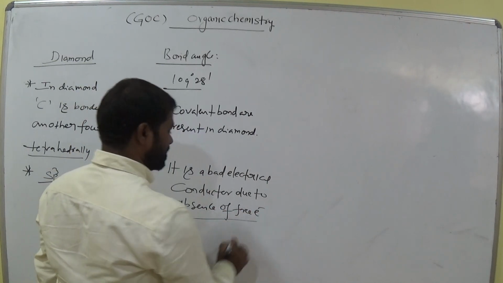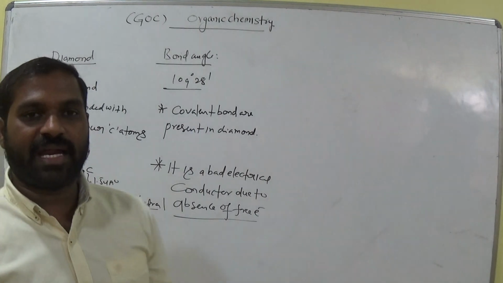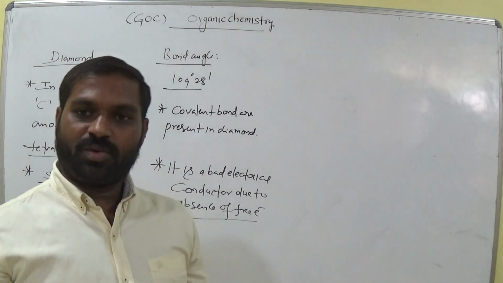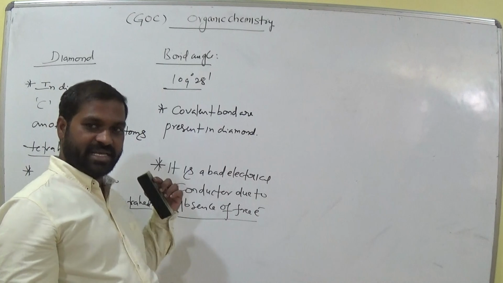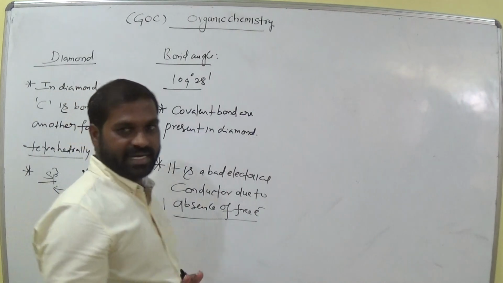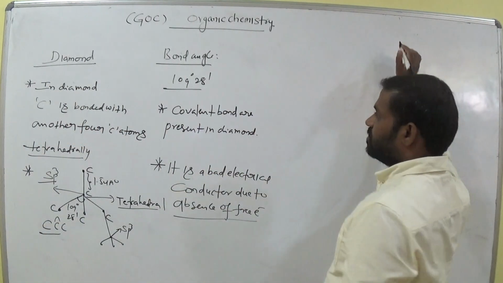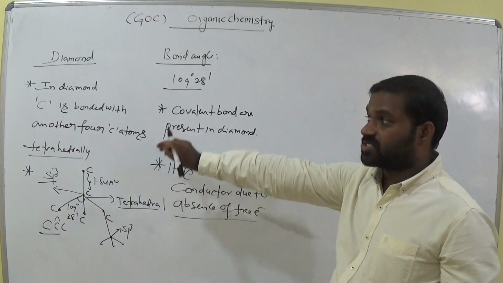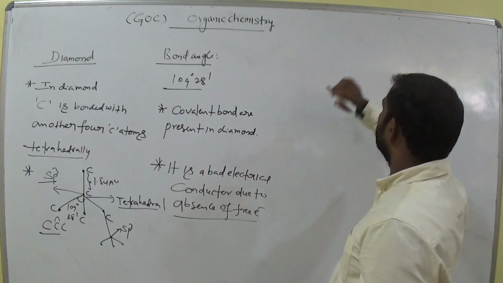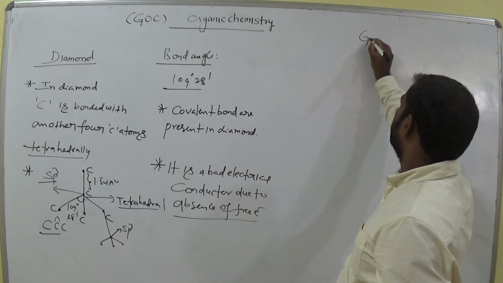If freely moving electrons are available, then it is called a good electrical conductor. There are no free electrons in diamond, so it is a bad electrical conductor. Remember that. It is a strong material and also very precious.